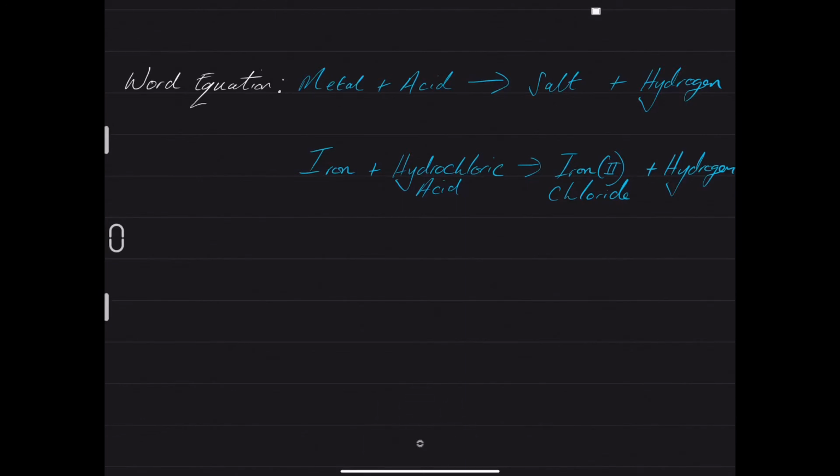For iron, if we put the symbol for iron down, I'm going to give you the symbol for hydrochloric acid, the corresponding salt that is formed, and the hydrogen is represented there.